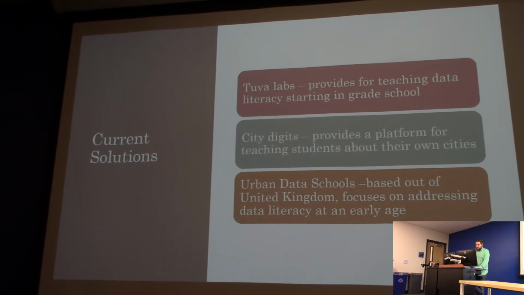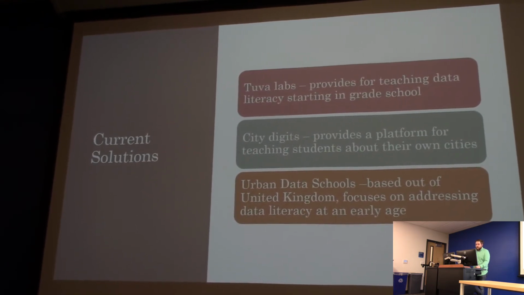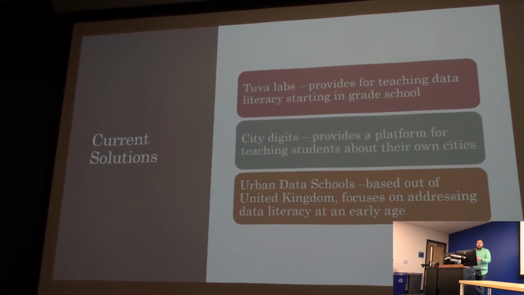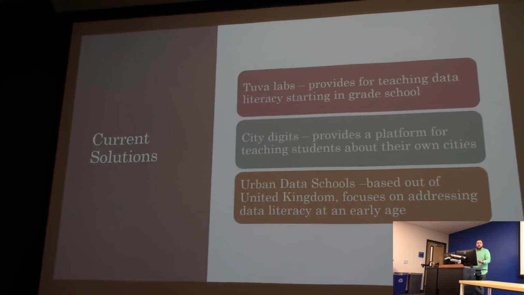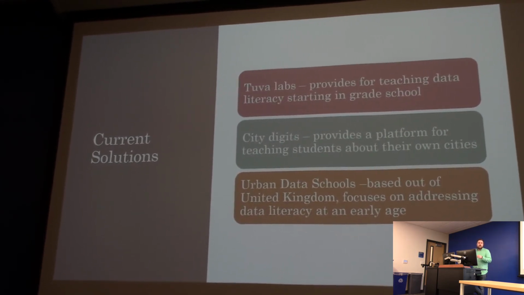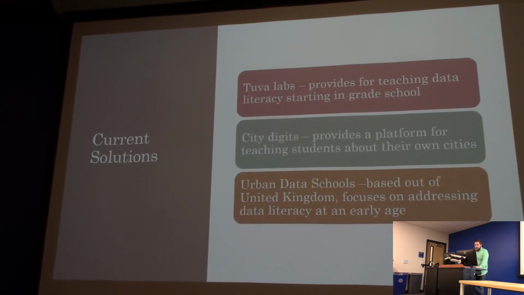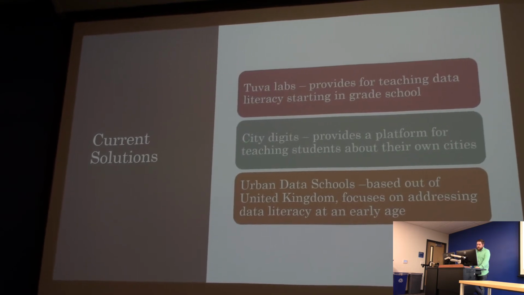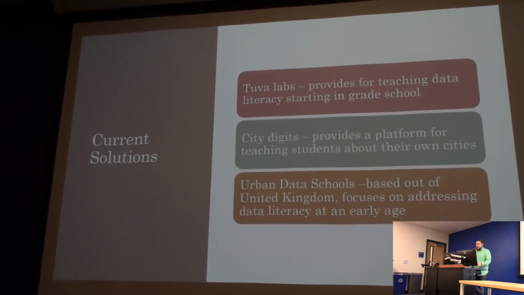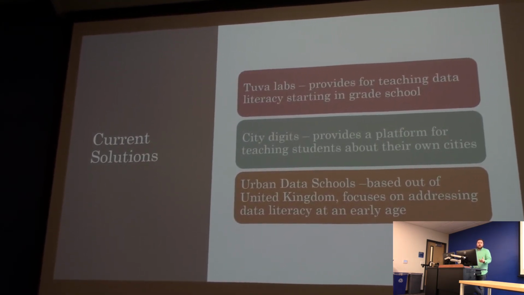And then City Digits, which provides a platform for teaching students about their own city, so it's actually something really relatable: traffic rates, rainfall, things that they know about in their own city. And then Urban Data Schools, which is based out of the UK, essentially does the same thing as Talia Labs. They start focusing on addressing that data literacy at more of an early age.